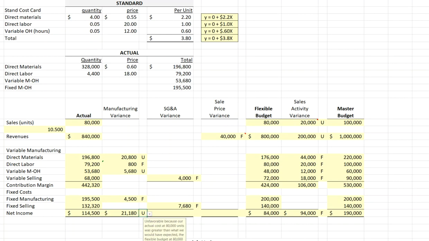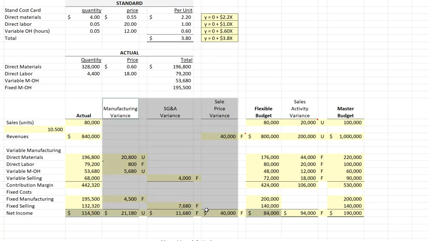The selling general administrative variance was 11,680 favorable, and of course the sales price variance was $40,000 in favorable variance. And if we combine the 40,000 favorable and the 11,000 favorable, that's 51,000 something, and we subtract the unfavorable variance, we get the $30,000 total spending variance.